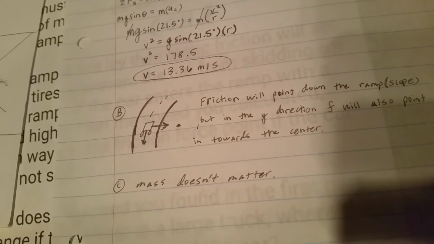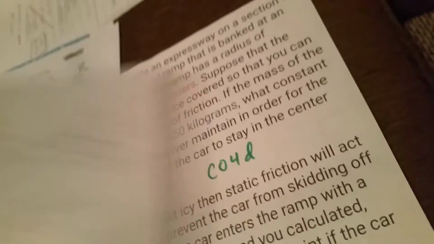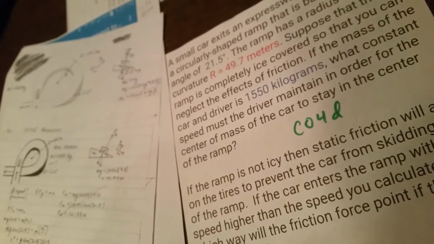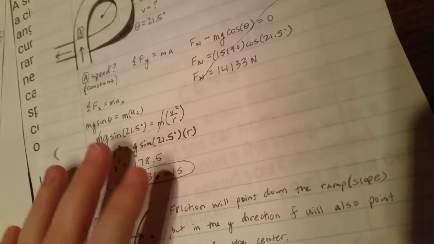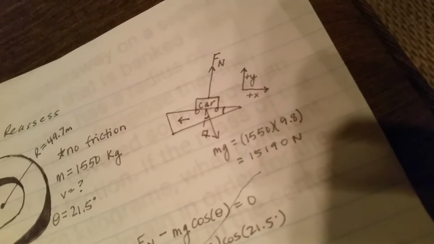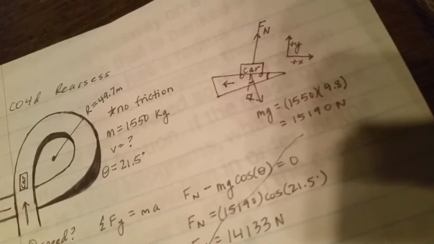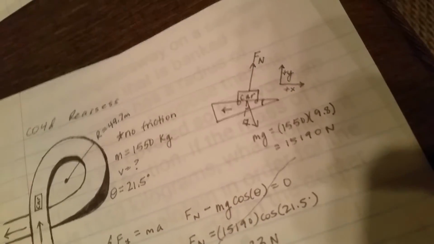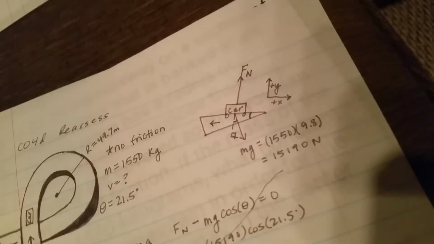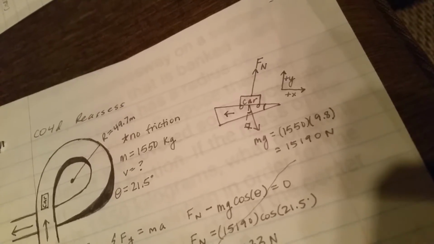It asks you for speed in part A, and then part B asks which way the friction force will point if the car does not skid. Originally, I drew the picture here and thought the friction was just going to go down the ramp because of my free body diagram, but then I realized that wasn't on the curved part.